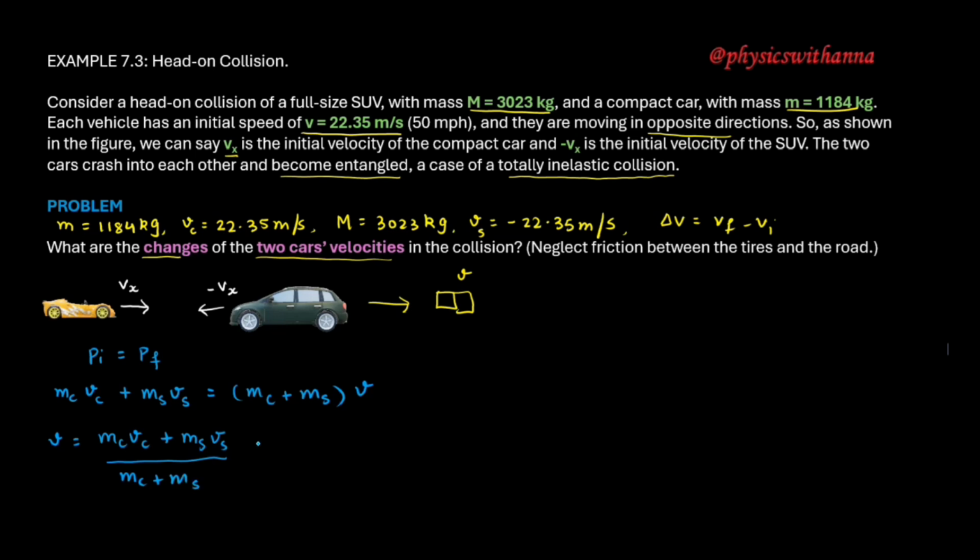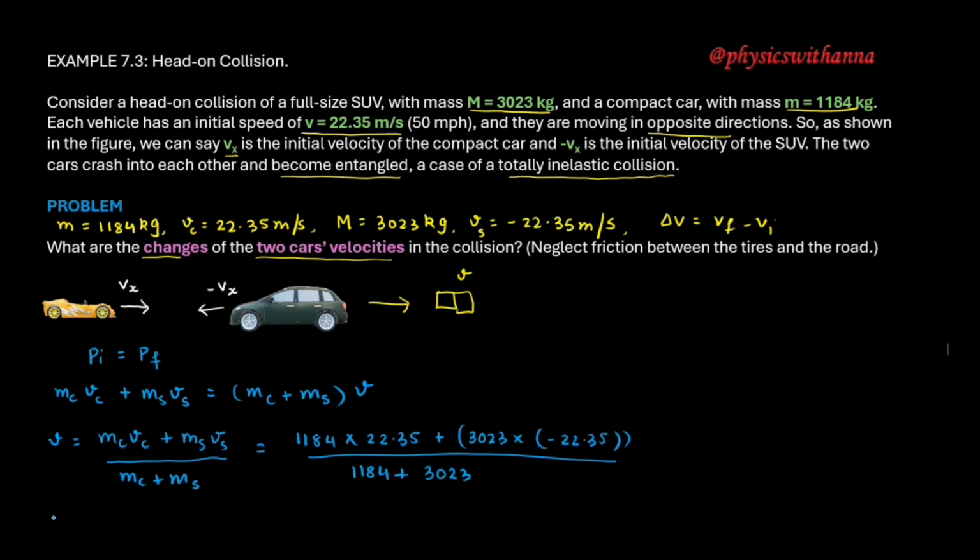Now let's substitute. Mass of car is small m, which is 1184. Velocity of car is 22.35, plus mass of SUV is 3023. Velocity of SUV is the same value but negative, over mass of car 1184 plus mass of SUV.